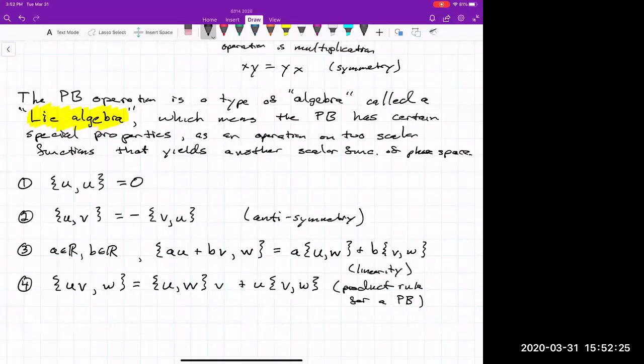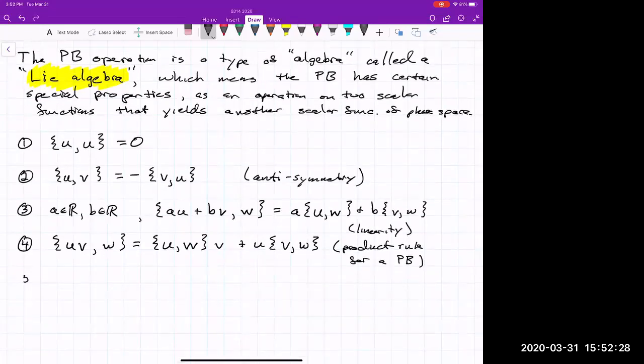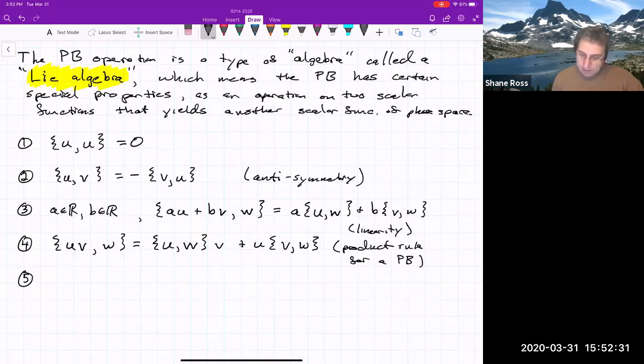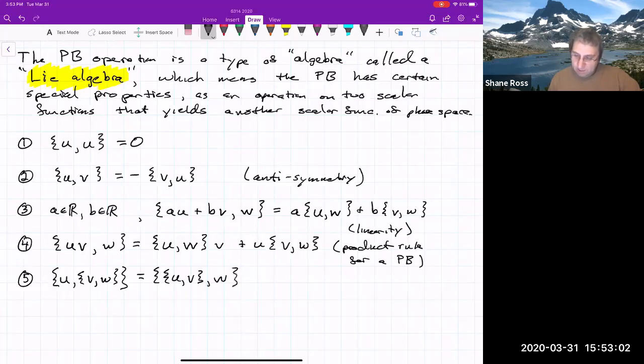All right. So there's another property. Suppose we take the Poisson bracket of v with w, those are two functions, and then we take that on its own as a function. Now let's take the Poisson bracket of u with this new function. So it's the Poisson bracket of a Poisson bracket. Well, what does this equal? This equals, and this is a bit much to write down, and it's not obvious, that minus this.